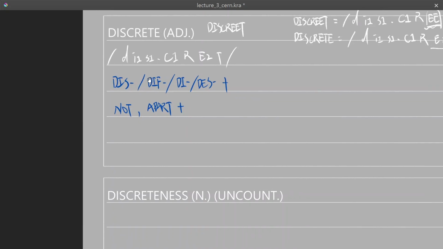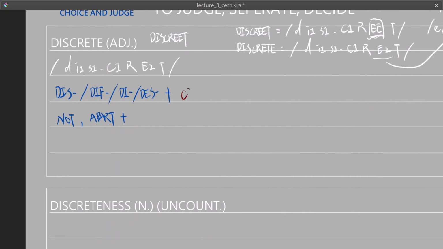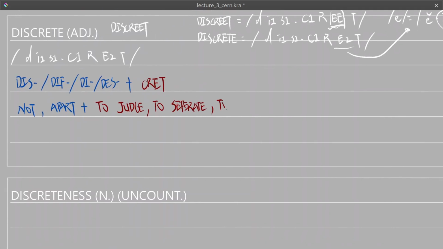And we have the verb root, which means to judge, to separate, or to decide.